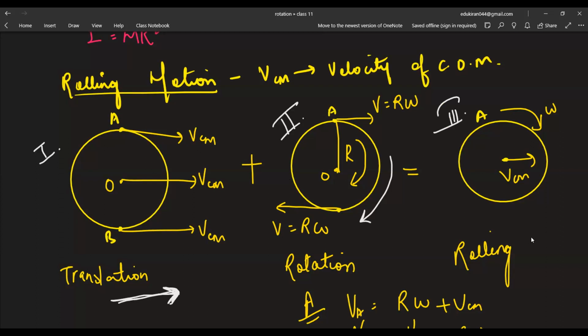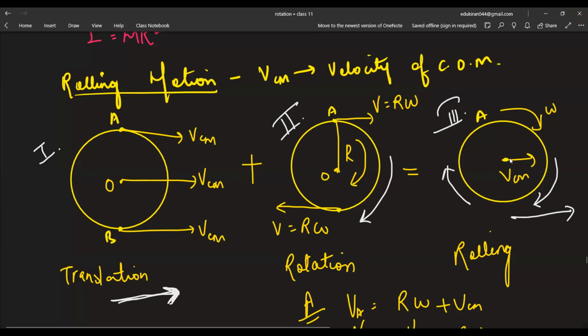But in the third case, the best example is the motion of the tires of vehicles. When the vehicle is moving, the tires are rolling, not just translating or rotating. Rolling means both actions are happening. The tires are rotating, and the vehicle is moving forward because there is a translation also. That is called rolling motion.